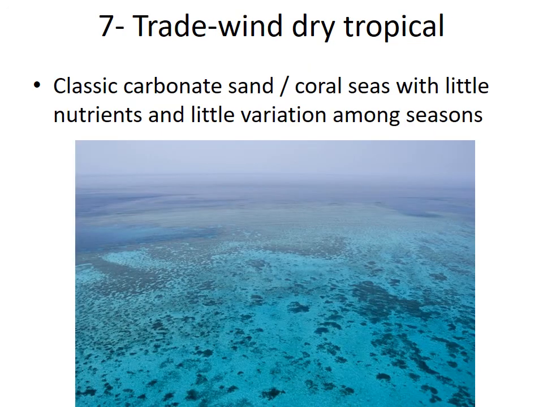And then the final continental shelf ecosystem type is tropical, but it's not heavily influenced by river runoff. And so these areas are low in nutrients, they have clear water, and this allows this particular ecosystem type, the tropical reef ecosystem type, to exist there.